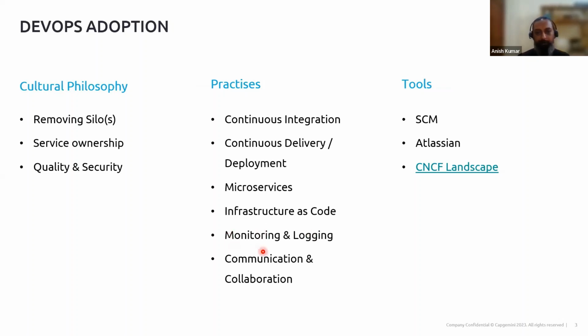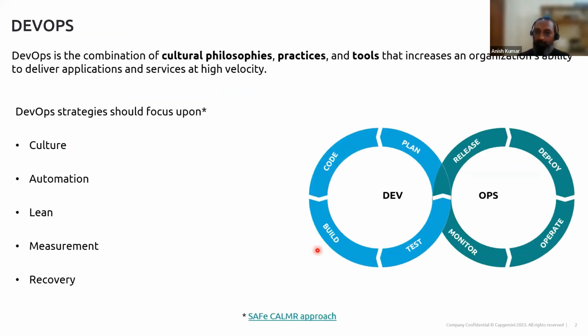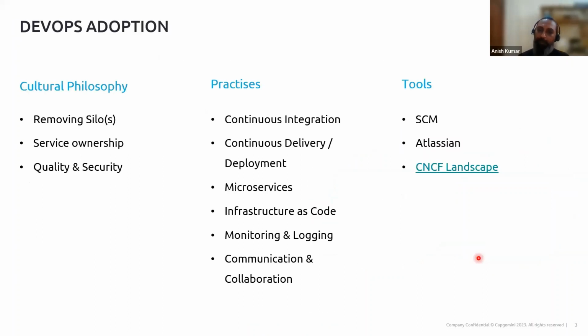Moving on to monitoring and logging. So this is tying back to the monitor operation, which provides us the right insight into how the service is behaving, how infrastructure is behaving.